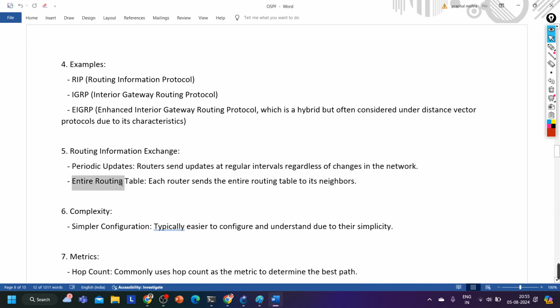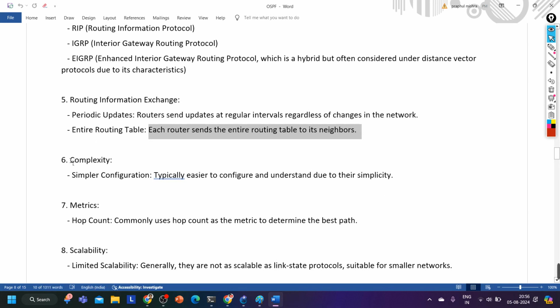The second issue is the entire routing table. It should send only changed information, not the entire routing table every time, because if routers send the entire table, the size of that update message will be large.